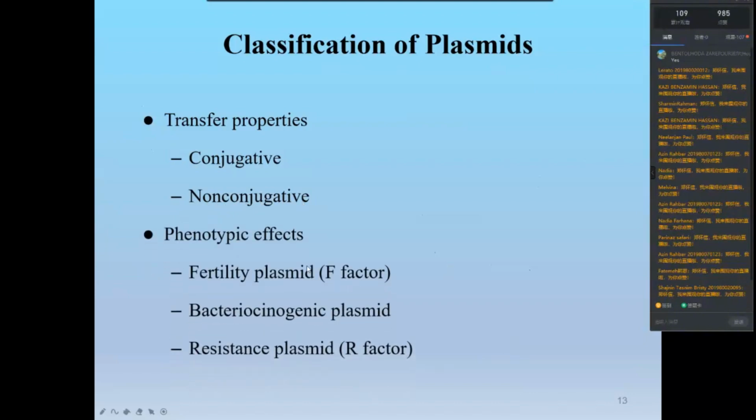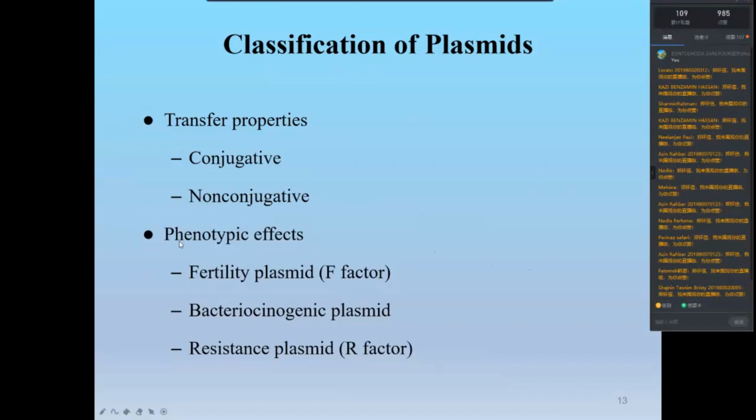Different types of plasmids. The plasmids can be transferred from one cell to another. If they can be transferred, we call this plasmid a conjugative plasmid, otherwise we call it a non-conjugative plasmid.